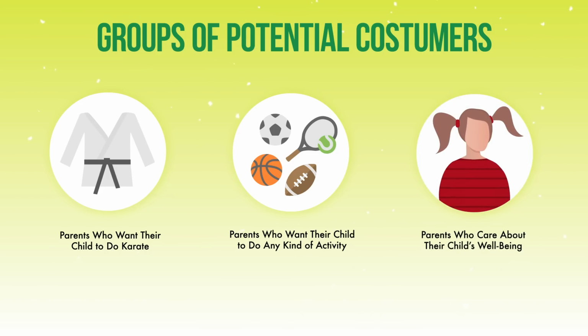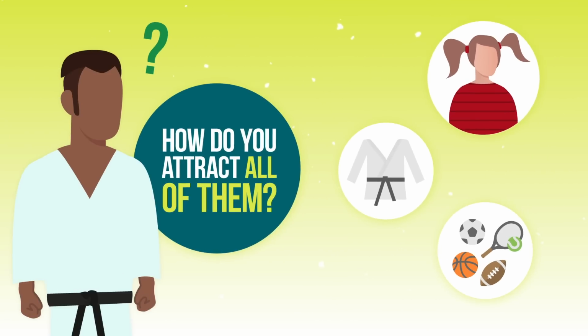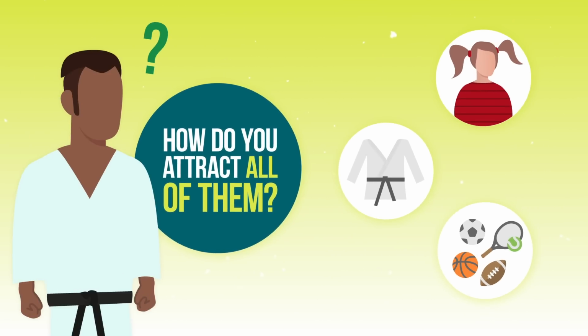Then you're gonna have another group of parents that maybe aren't necessarily thinking about sports and activities, but they do have a child and they care about their well-being, their mindset, their physical activity levels. It's not something that karate is just on their mind. The question is, how do you attract those 3 different groups of people that ultimately would buy from you for completely different reasons?